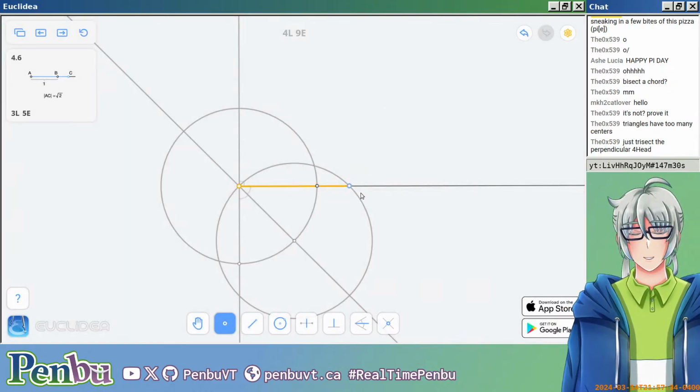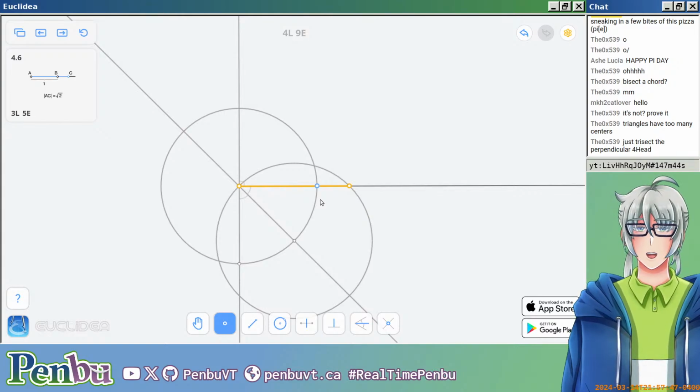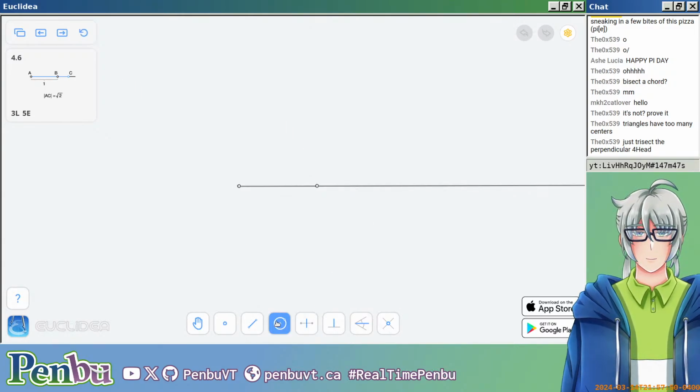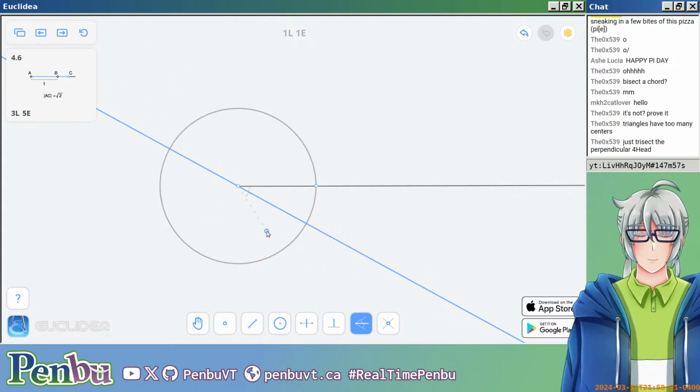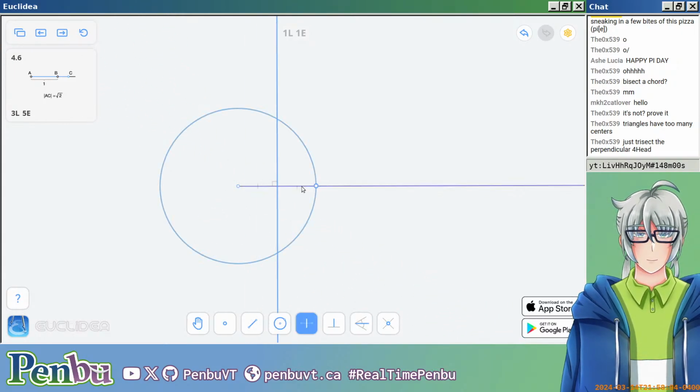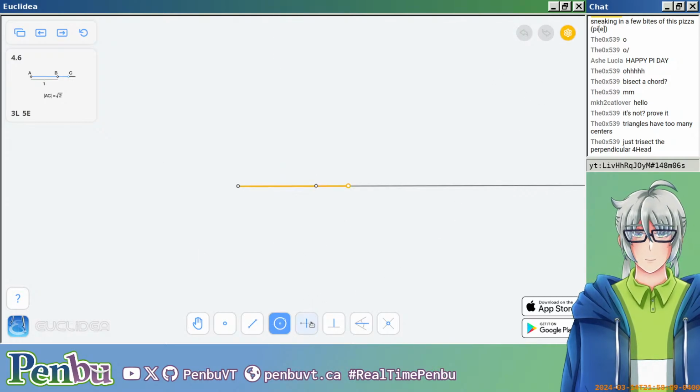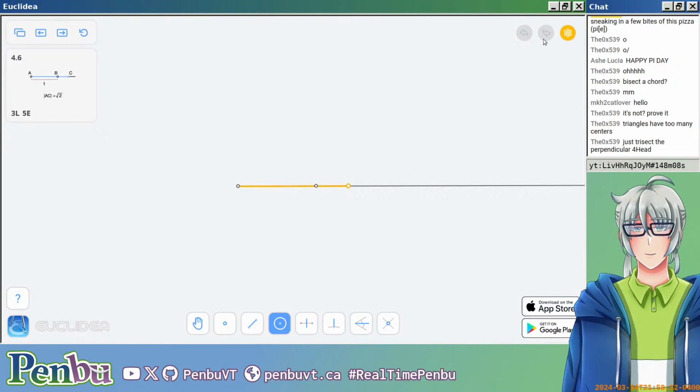Can we do this in less? Supposedly so. I don't know how. How do you get this point with 3?